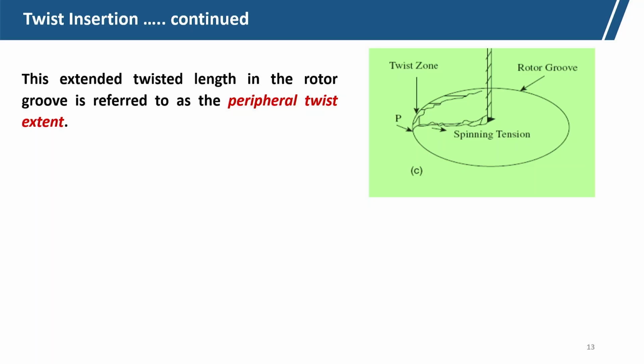This extended twist length in the rotor groove is referred to as the peripheral twist extent. We can increase this peripheral twist extent either by increasing the twist level or by inserting the grooved navel.